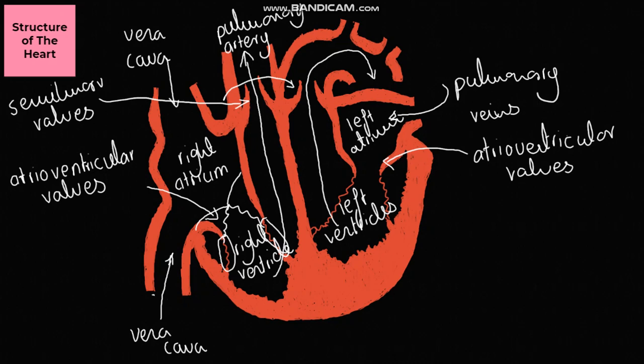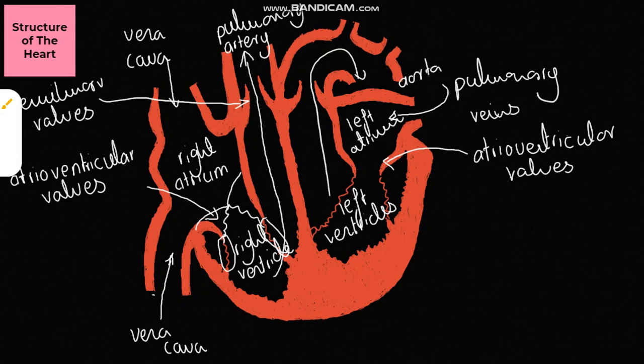Now I'll just draw a small diagram to show what happens to the blood. So let's just draw a small circle which represents the heart. Okay, and this over here again is called the aorta. Now the diagram is that, let's say this over here is the heart.